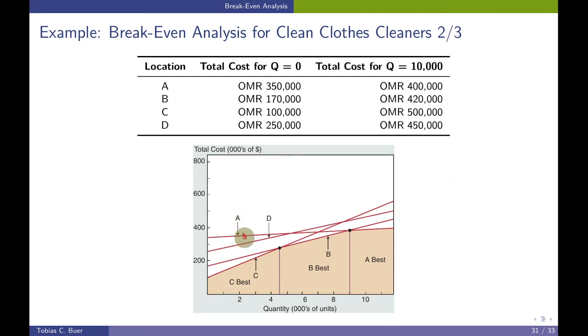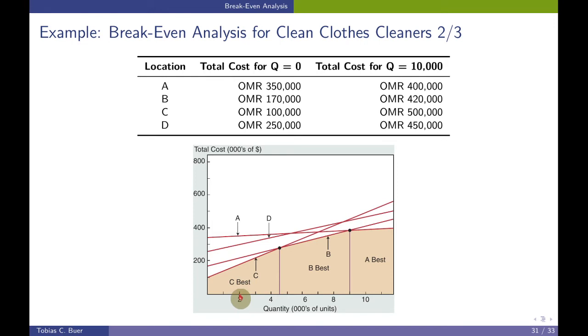When you make this drawing, do not forget to indicate which line represents which location. It can easily be confusing, as you can see here. So this is the line that represents the cost for location C. On the x-axis, we have the quantity that we can or hope to sell.